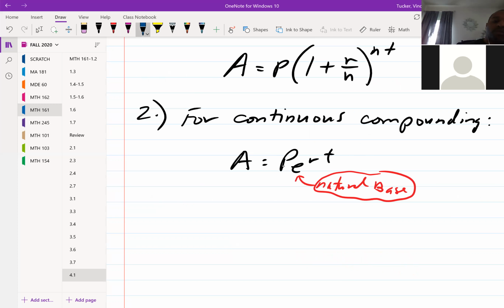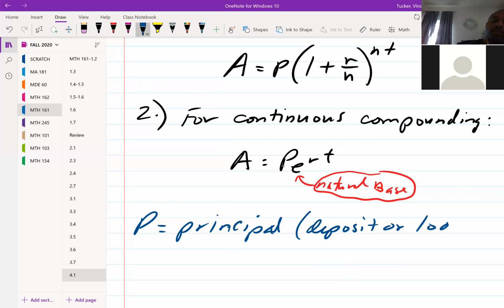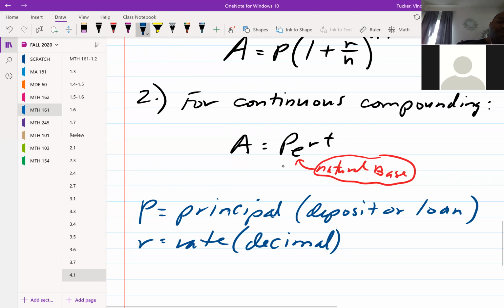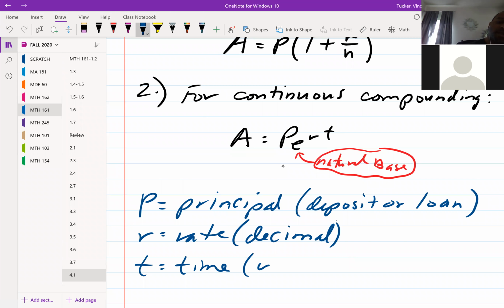P is the principal, and that's going to be your deposit or loan. r is your rate. Don't forget to convert that to a decimal. t is your time, that should be in years.